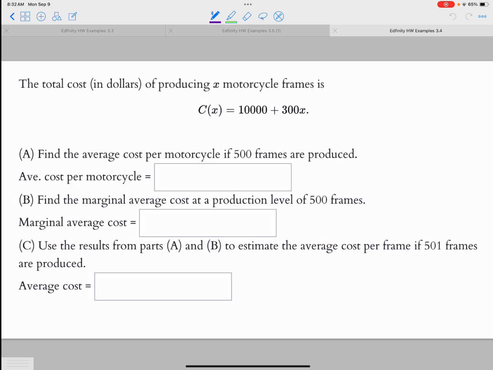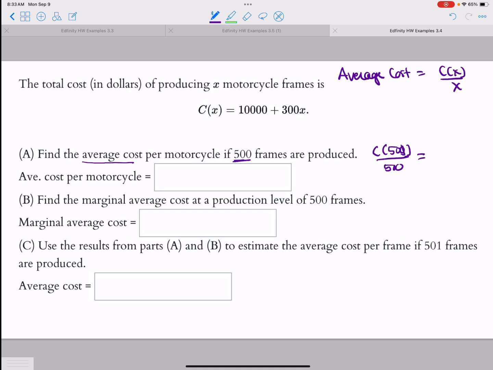In the second question, we are given information about a cost function, and we are asked to find the average cost. So I'm just going to write down average cost is C of X divided by X. So if we want to find the average cost for 500, we want to do C of 500 divided by 500.